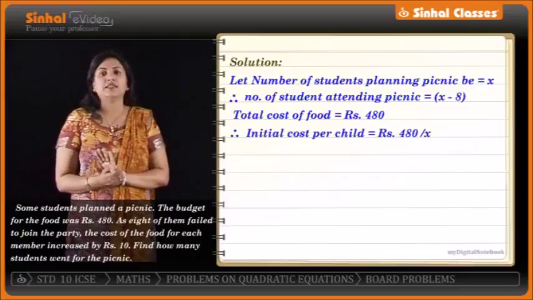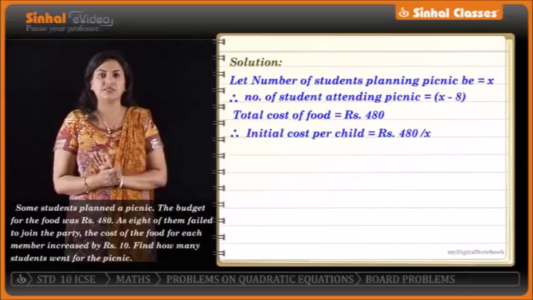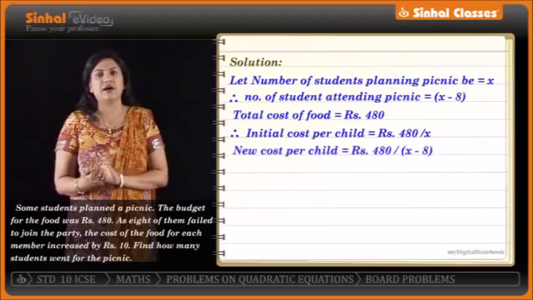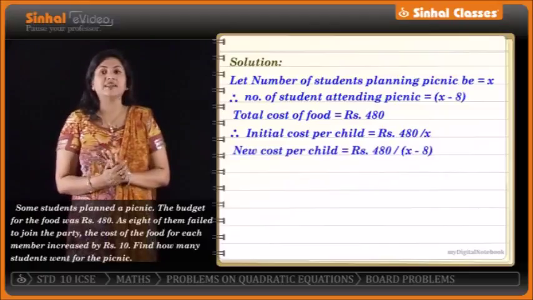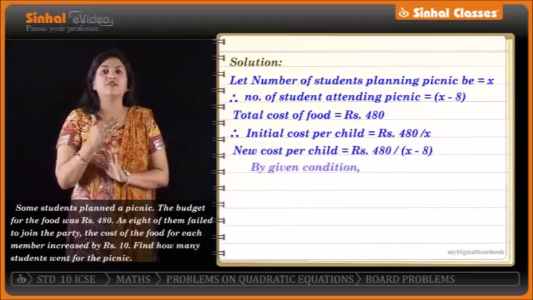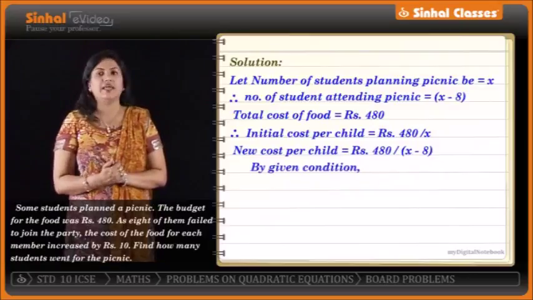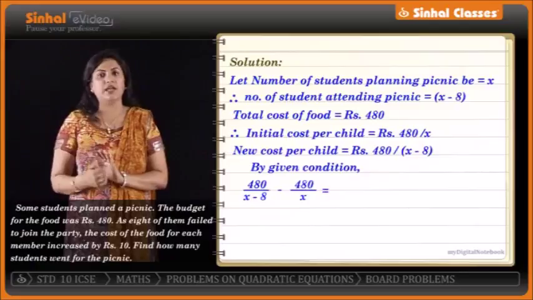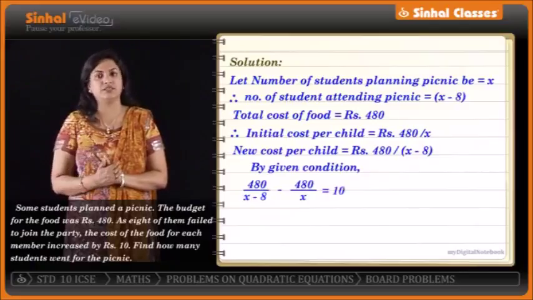But now there are 8 students less, but the total cost remains the same. So the new cost per child would be 480 upon x minus 8. Now by the given condition we have 480 upon x minus 8 minus 480 upon x is equal to 10.